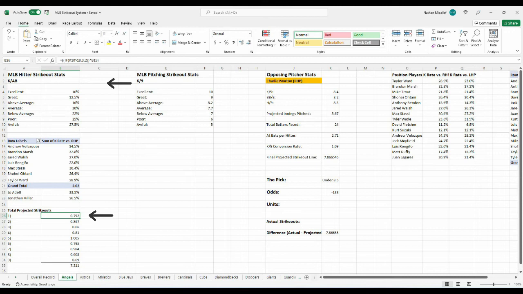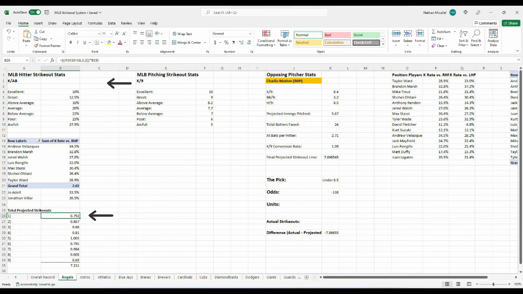Now, this formula is different for each batter, but it's only different by one number. So for the first hitter, it's 18 because he'll be that 19th batter in the order. For the second batter, it's 20, third, 21, and so on, just so it can help determine how many at-bats a given hitter will have in a game.